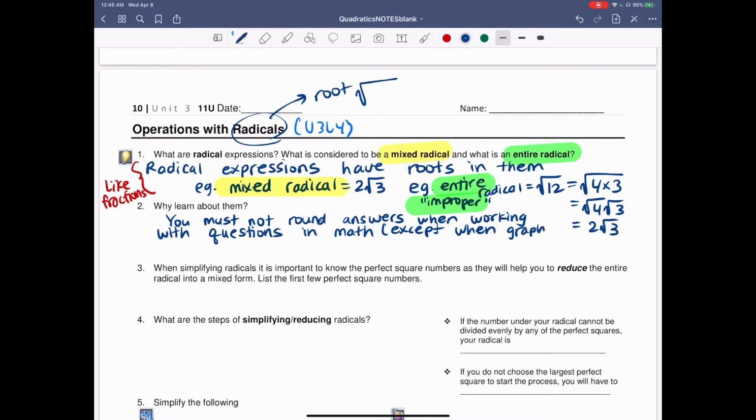And another situation is when you're dealing with word problems. So you need to know how to reduce and simplify root expressions.